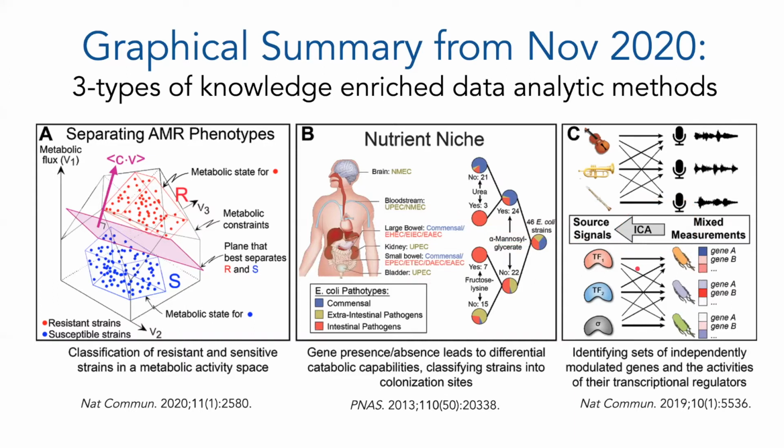And then Anand was the pioneer of developing ICA methods to isolate signals in transcriptomes that are mixed signals generated by transcriptional regulators and isolate their individual activities. And we like to draw this analogy to an orchestra playing with a bunch of microphones in the room, and ICA is able to isolate the sound from every instrument because they have slightly different volumes at different locations in the room.